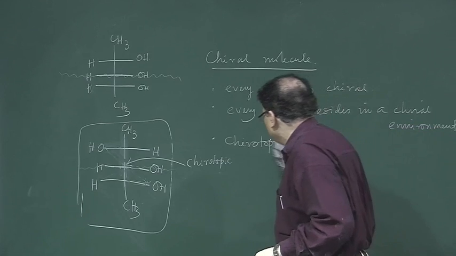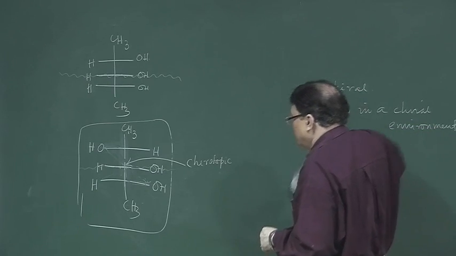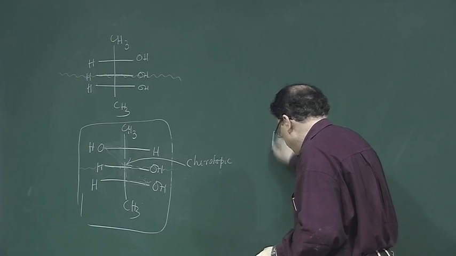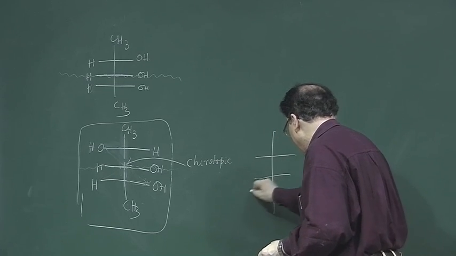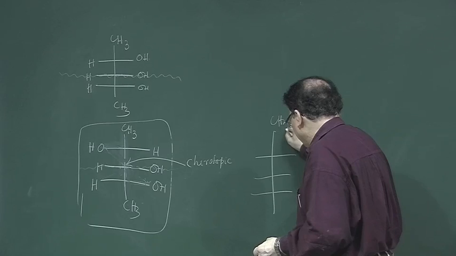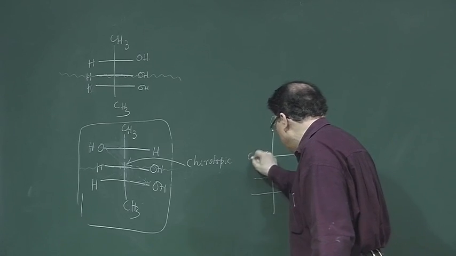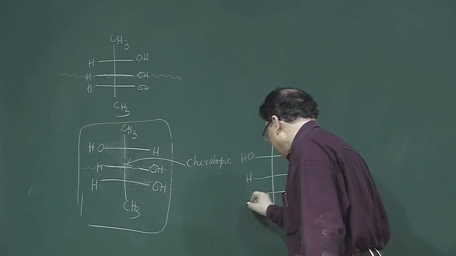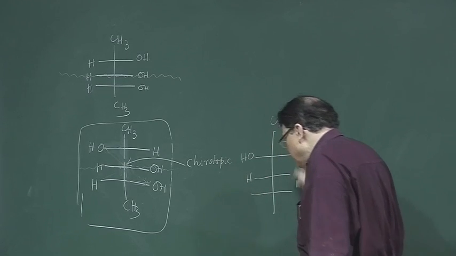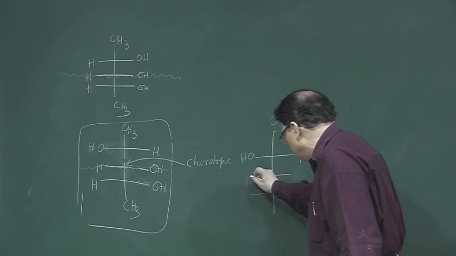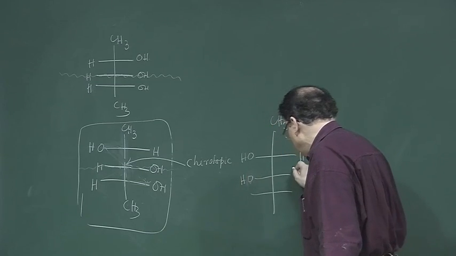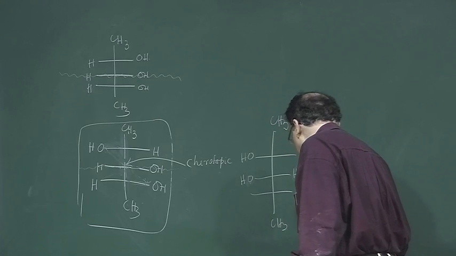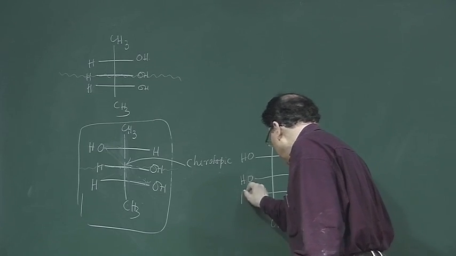Let us interchange the position of H and OH. So, this is methyl without disturbing the others. I interchange the position of these. This is OH, this is H, this is methyl, keeping the others intact.